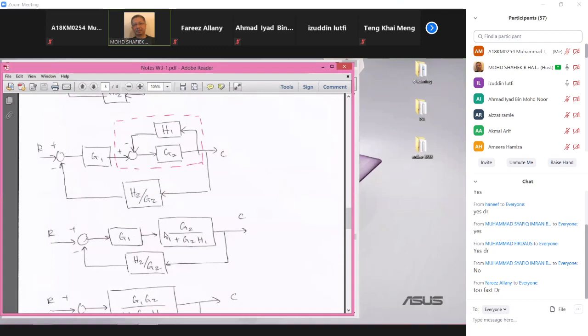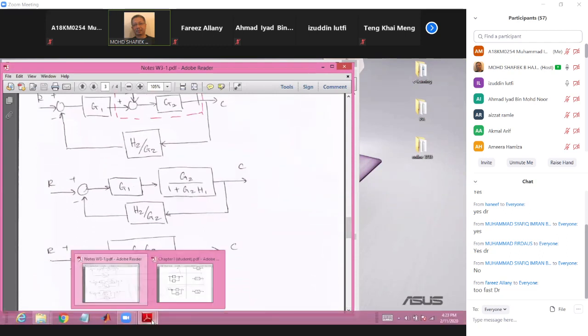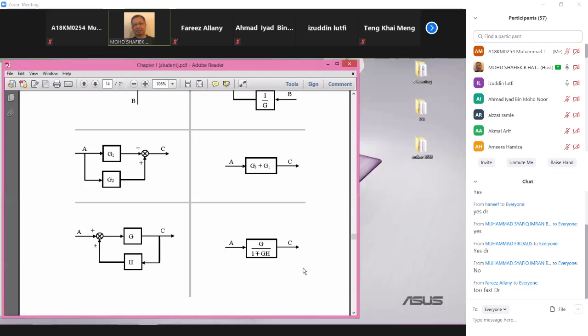All right. Now you can replace that with g2 divided by 1 plus g2 h1. This is the last element in the table. Now you have two blocks in series. Let's go back to the table. Where is two blocks in series?